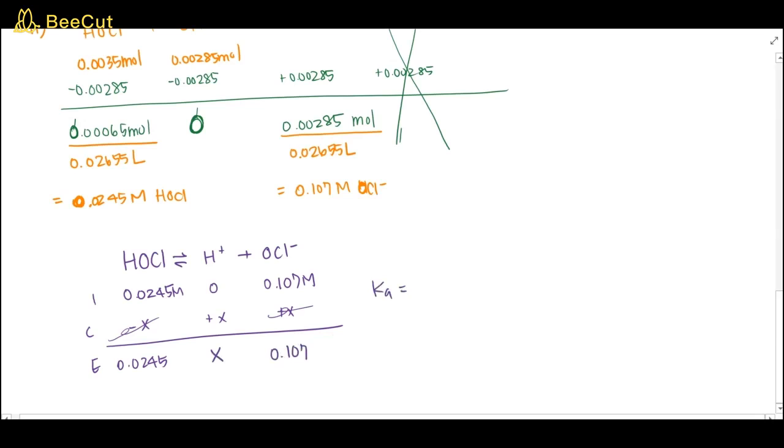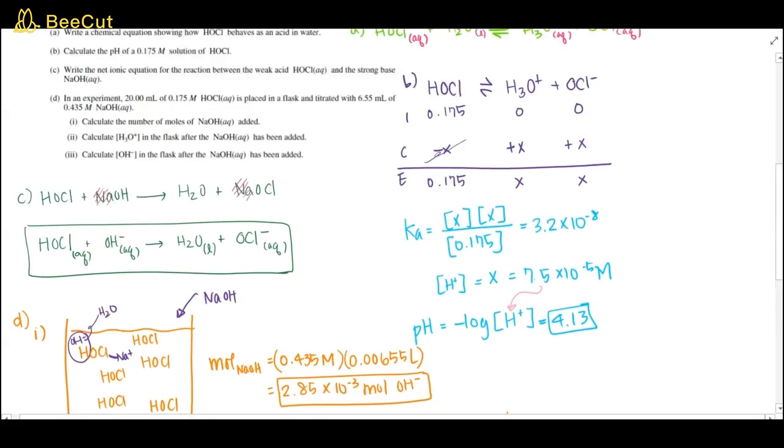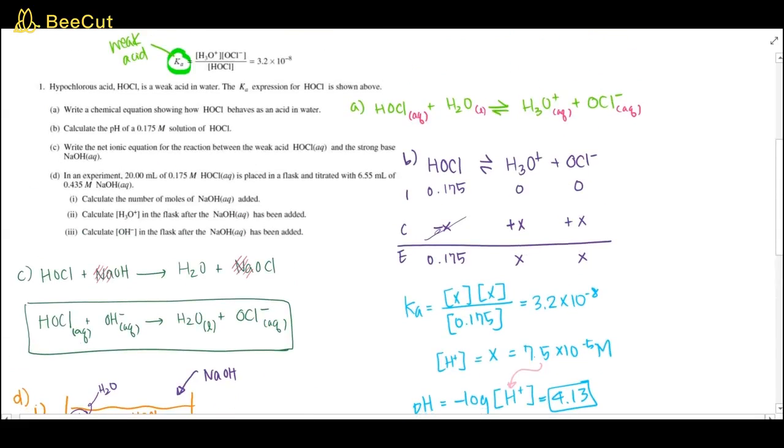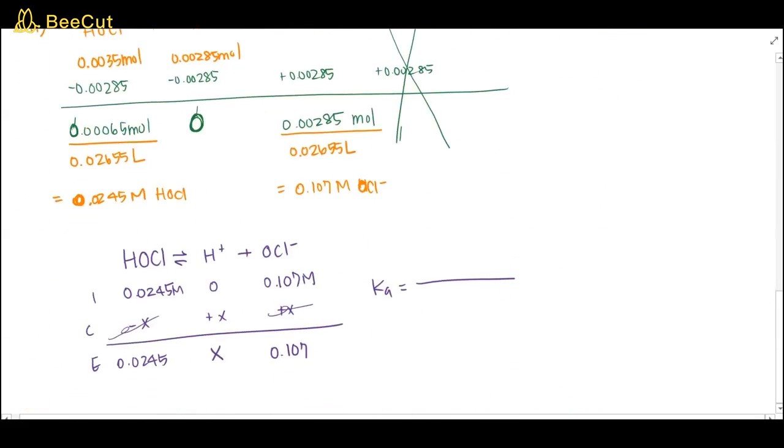Now all I have to do is plug it into my Ka value. And remember, the Ka value was given to us up there. It was 3.2 times 10 to the negative 8. So all this is equal to 3.2 times 10 to the negative 8, and that's supposed to be X times 0.107 over 0.0245.